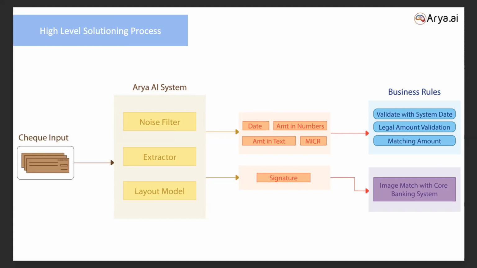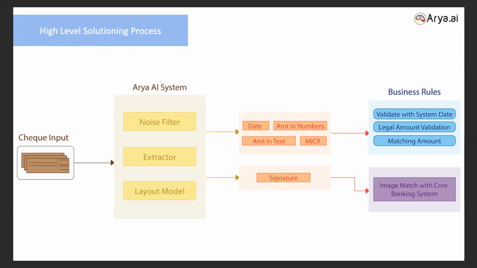When the value of the check is around 2000 rupees, I can take a risk because there's no big risk. So even if the system says 75% confident, I can put up a rule that for checks of 2000 rupees or less with a confidence score around 75, pass it and automate it. If it is less than that, then probably send it to manual.